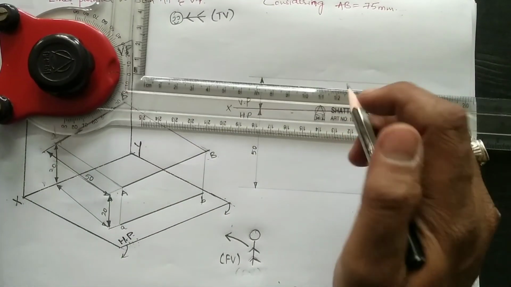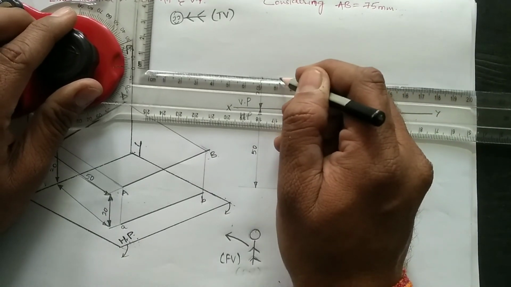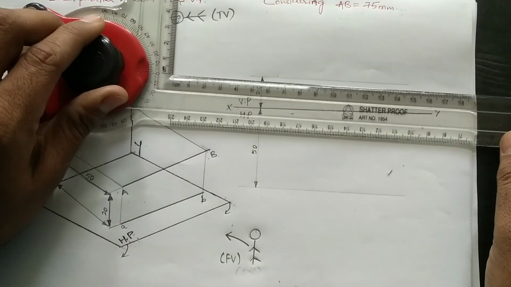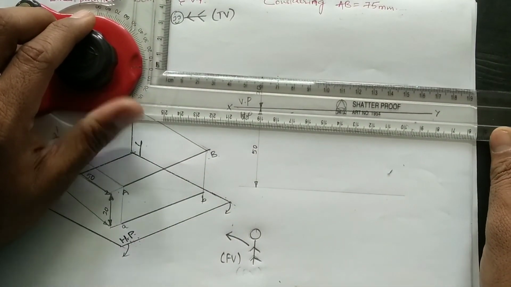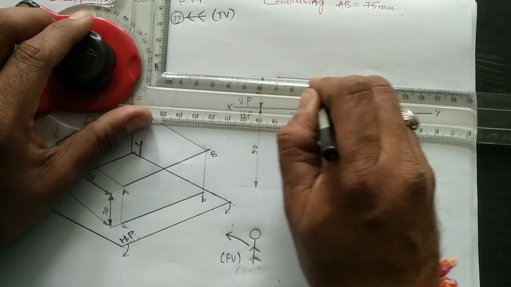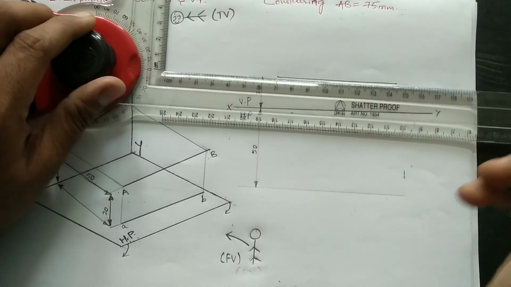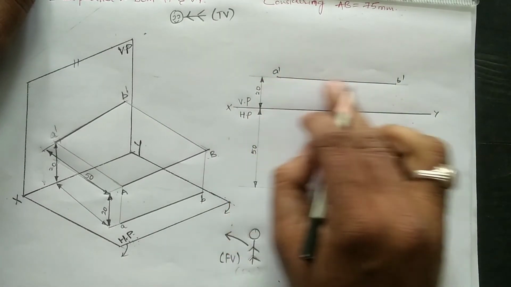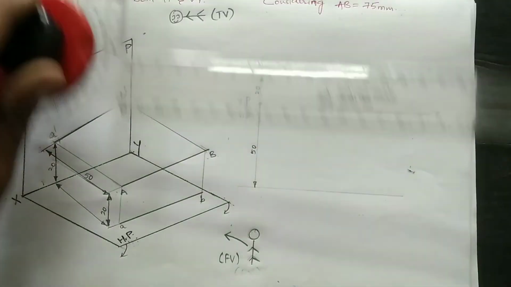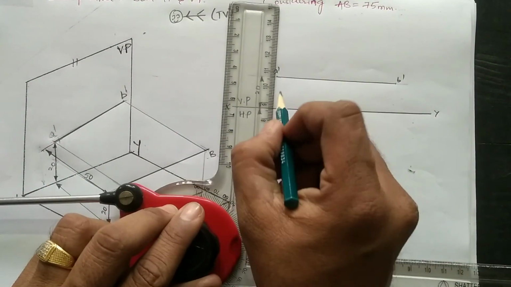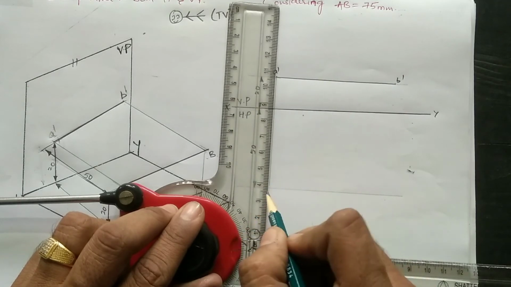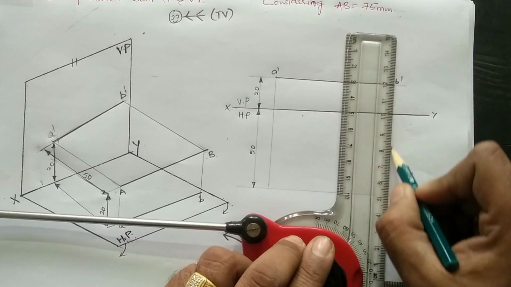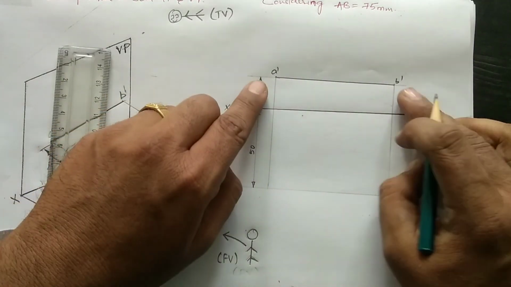Now, starting the point, this is A dash, B dash. The total length of the line is around 75 mm. Draw the projection lines from A dash as well as from B dash. This is the front view projection.